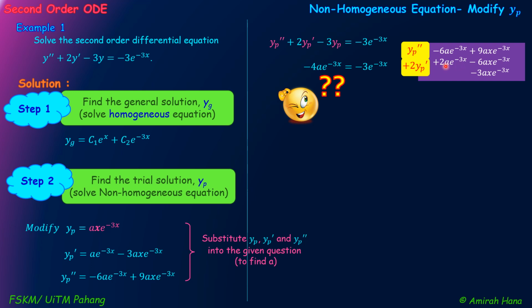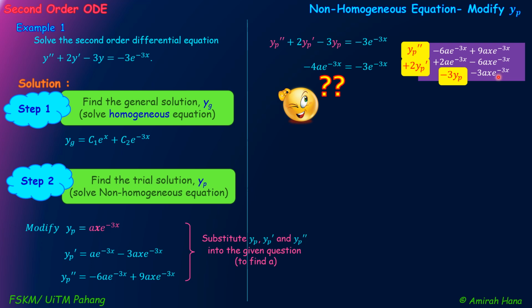This is plus 2 yp prime; we multiply yp prime by 2. And then the last row here is minus 3yp. From here, yp equals ax e to the power of negative 3x. So times negative 3, we have negative 3a x e to the power of negative 3x.